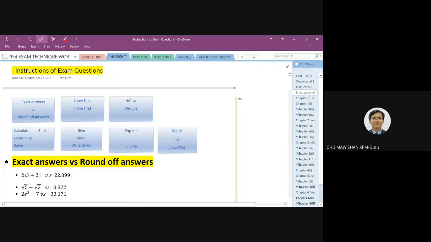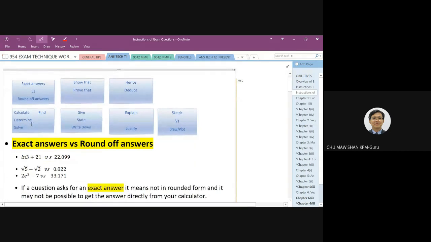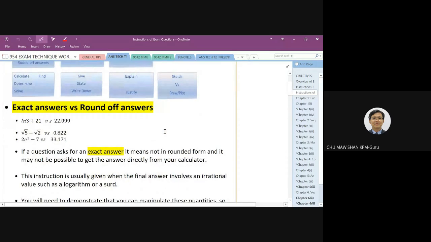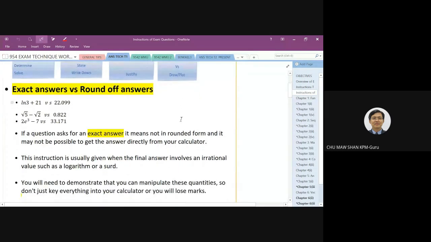You handle wrongly, all gone, no marks actually, especially hence and deduce. How to handle calculate, determine, solve, find, which are in the same category. Give, state, write down are in the same category. Explain, justify are in the same category. Sketch versus draw or plot. Now look at the first one: exact answer versus rounded answer.